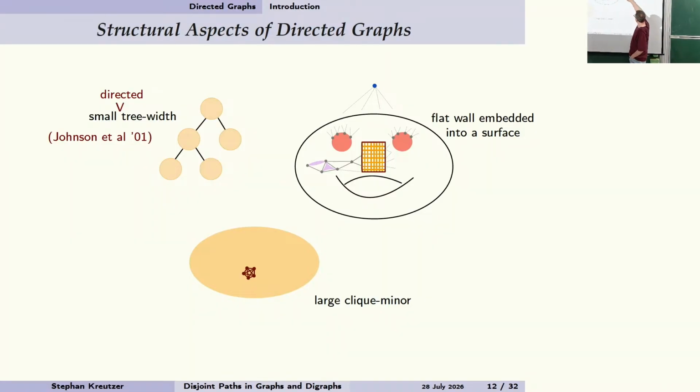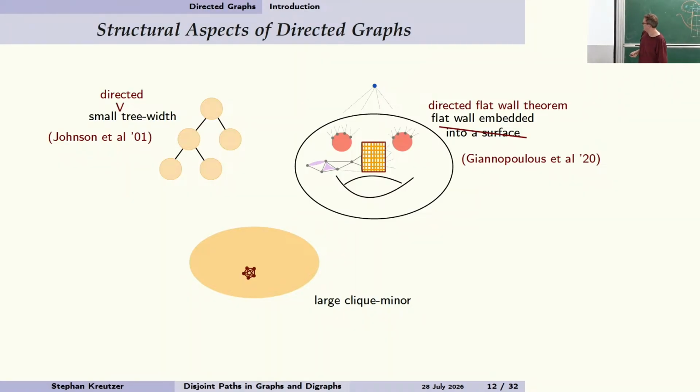For this bit, here I said we had a flat wall theorem that guarantees us that we have an embedding and the whole structure theorem into surfaces and so on. There is a directed flat wall theorem that we proved a few years ago with several co-authors. The bit with the structure theorem doesn't really work.